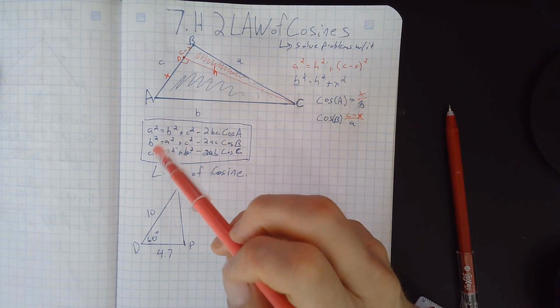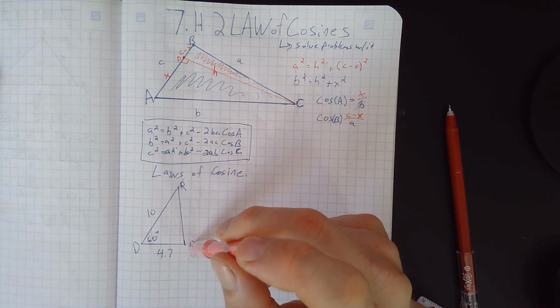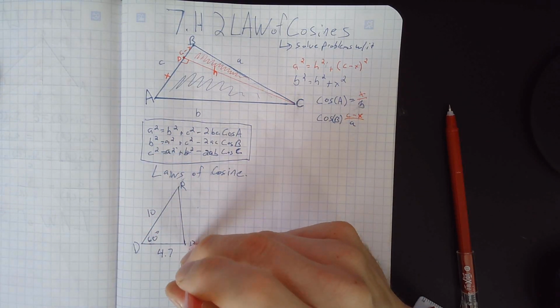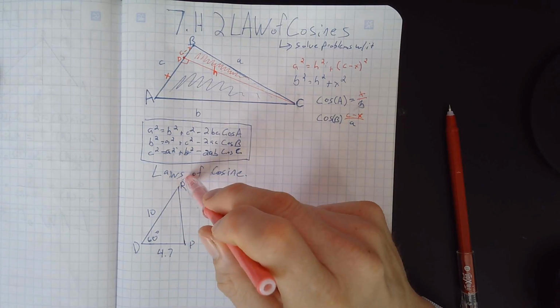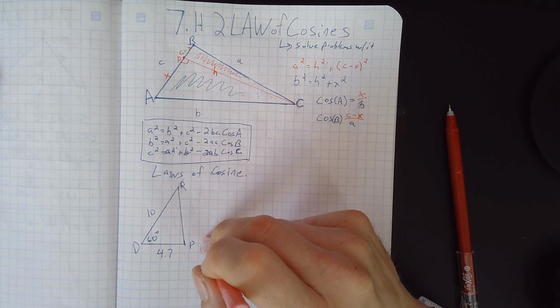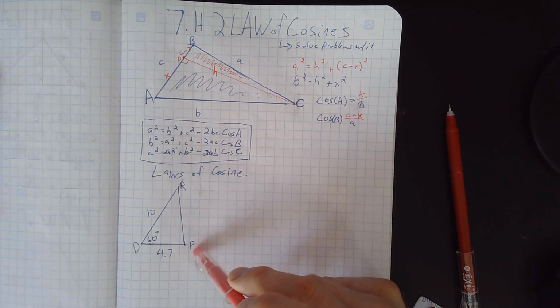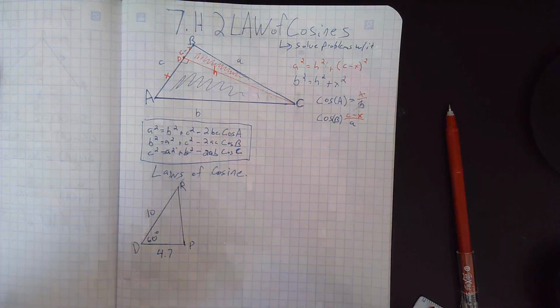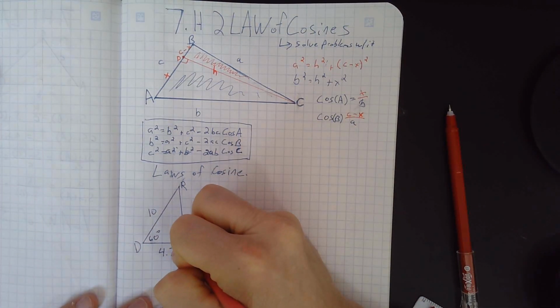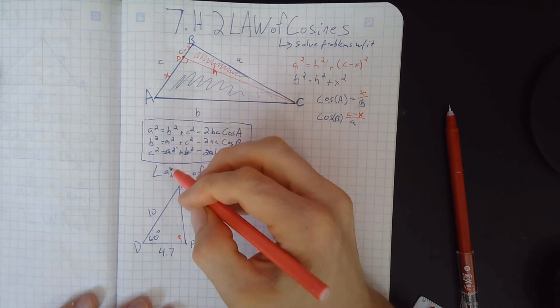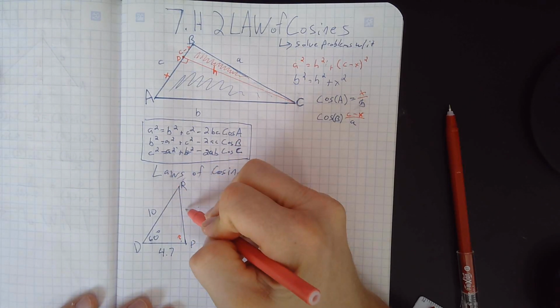Draw a triangle and label it, and then we're going to solve for RP, and we're going to solve for the measure of angle P.